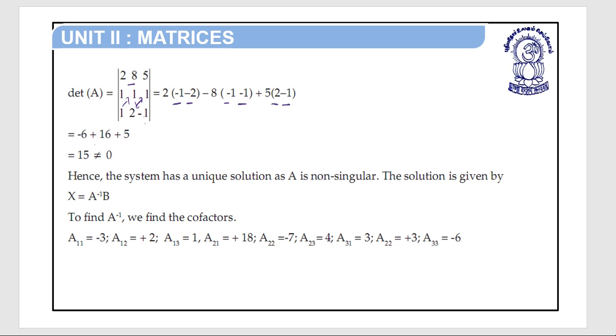So minus 6 plus 16 plus 5 is 15, not equal to 0. Hence the system has a unique solution as A is a non-singular matrix.